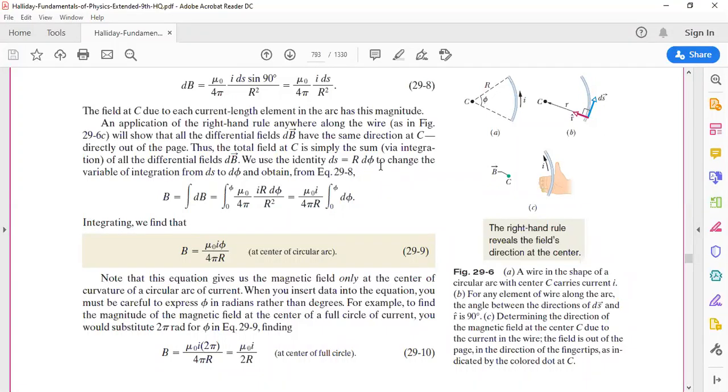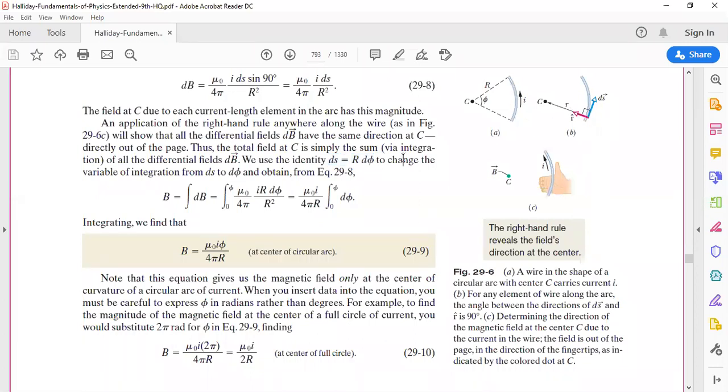So ds, the length of the element, is still unknown to us. In order to simplify this, we make use of the equation s equals r theta. If you remember this equation, s equals r theta, it is the relation between arc length and the radius of the circle. So basically ds equals r d phi. When you reduce this, it becomes a straight line.